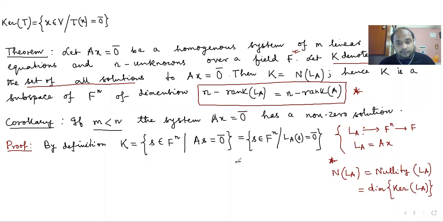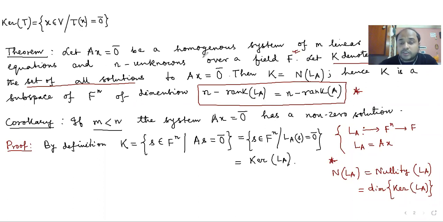Okay, and therefore this K is actually what? This K is actually kernel of LA. Actually, we have defined this K to be the set of all solutions.